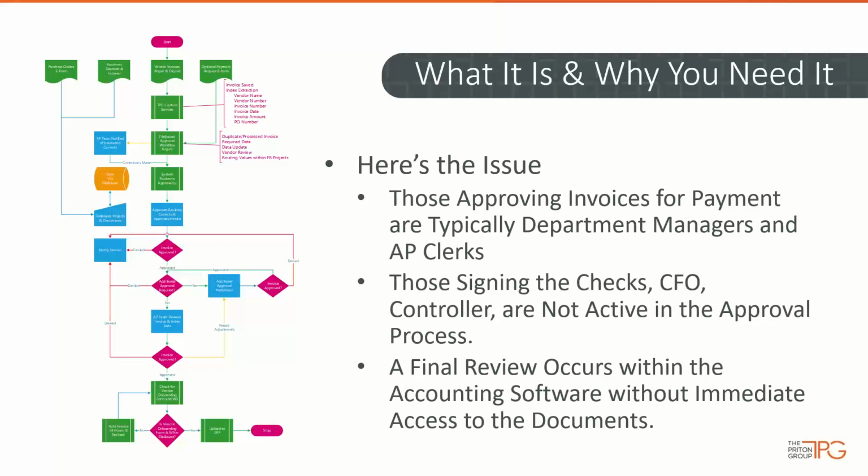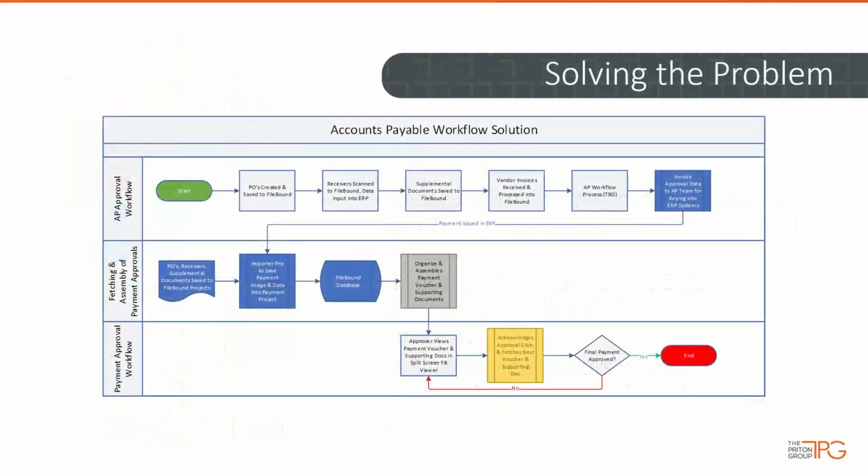These are, again, typically the CFO or the controller, and up until now, we have had to defer that process to the accounting software for that final review. The problem is that you'll have the information in the accounting software, but the documents are all in FileBound. So that final approval for those people can be a little bit cumbersome.